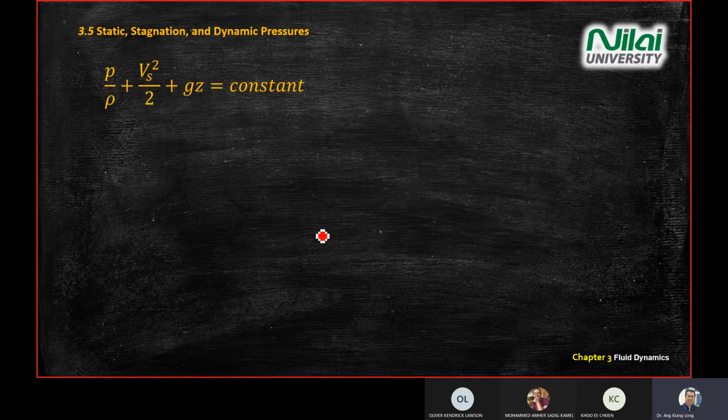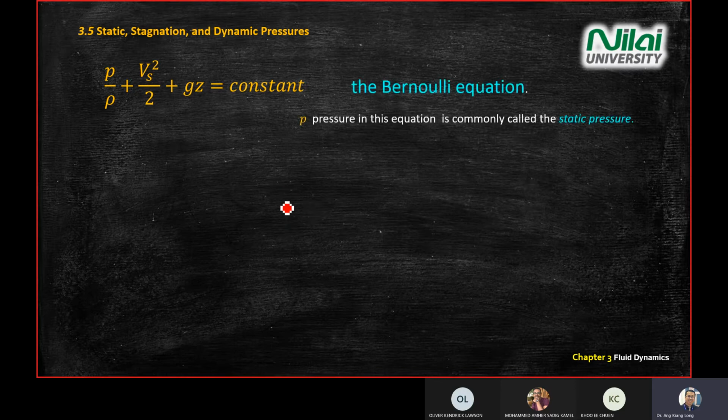We recall the Bernoulli equation, which is P divided by rho plus V squared divided by 2 plus gz equals a constant value. In the Bernoulli equation, the pressure that we have here is commonly known as static pressure.